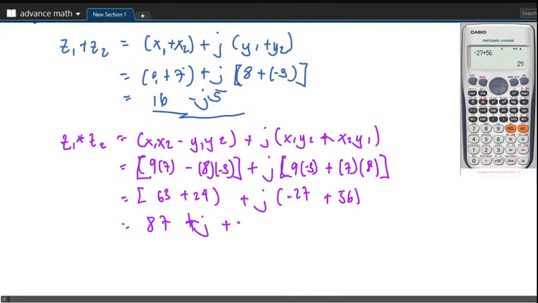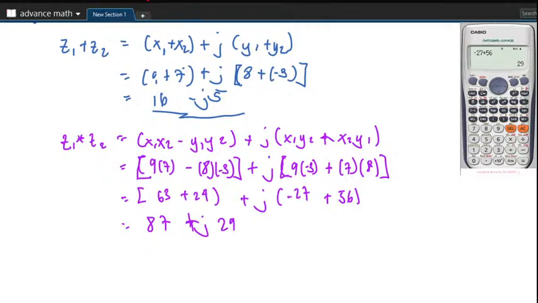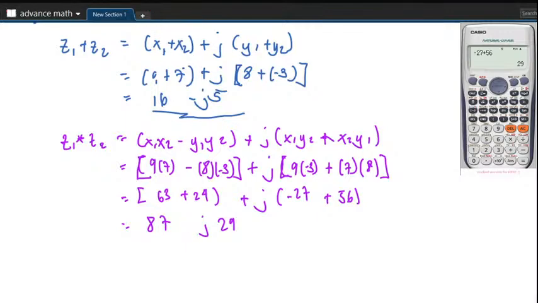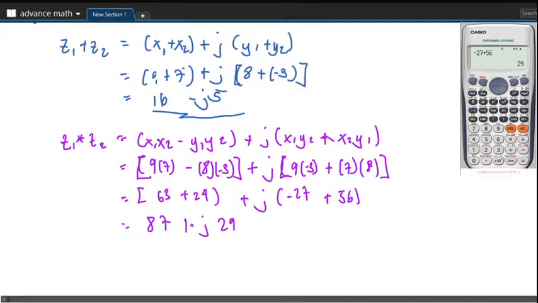So we have plus j 29. Okay, so we just write here our answer so that it will be much clearer. So we have 87 plus j of 29. This is now our answer.